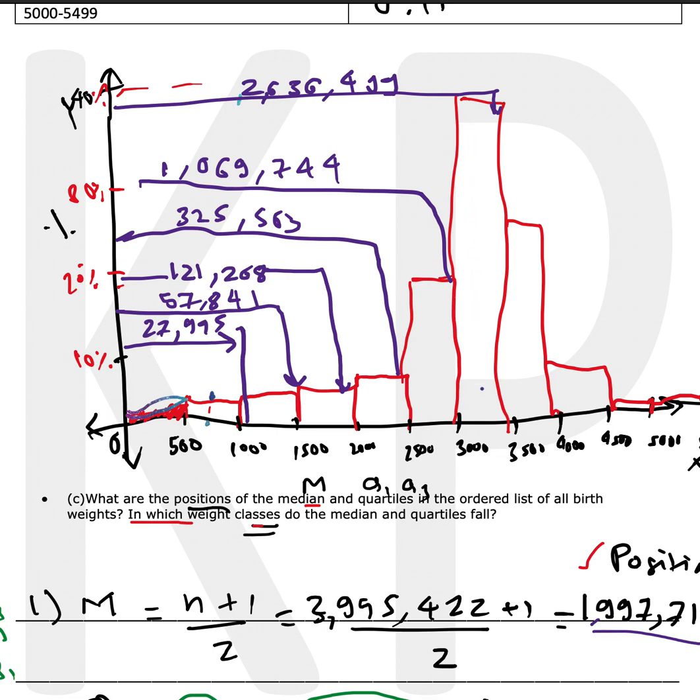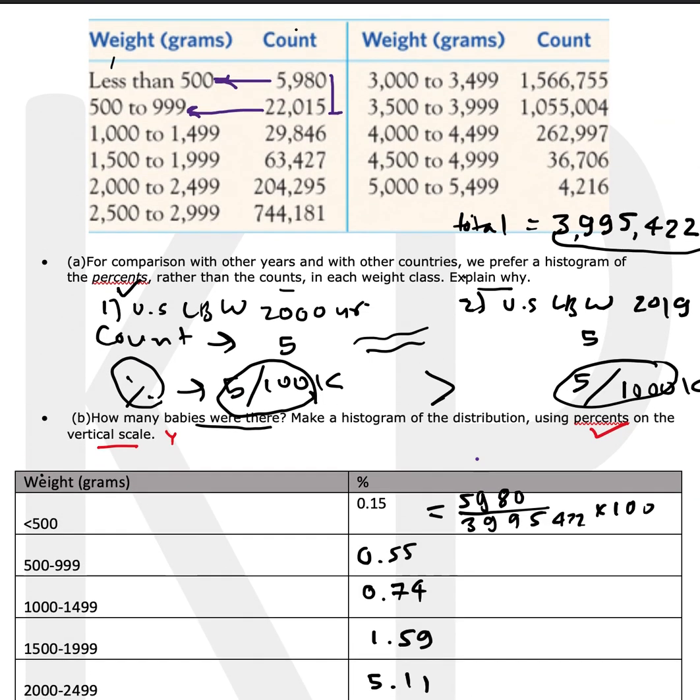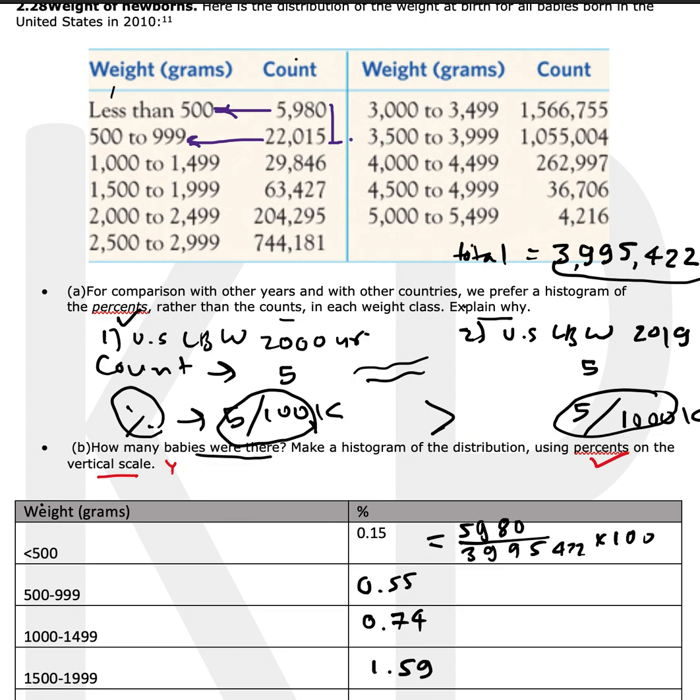So now this bar represents which category? So let's look at that, and you can see that this particular bar represents this category. Weight 3000 to 3499.